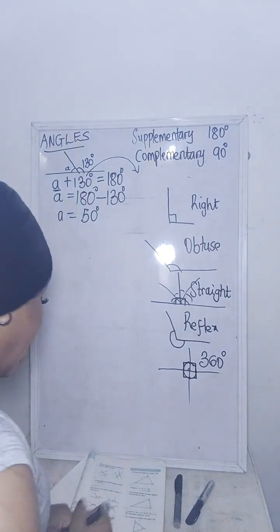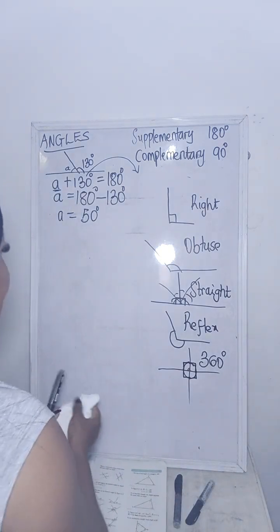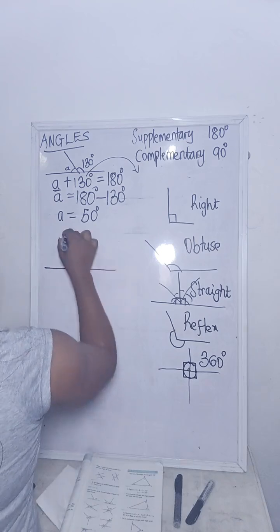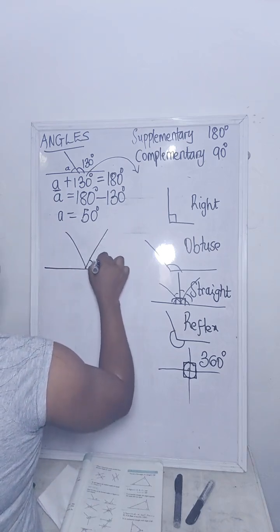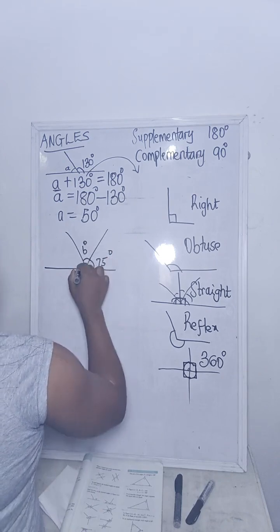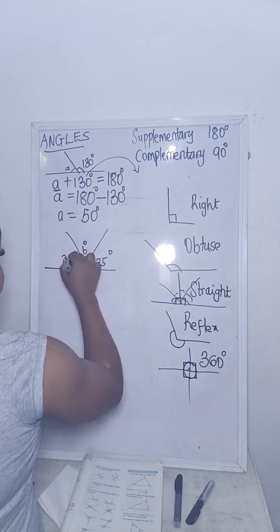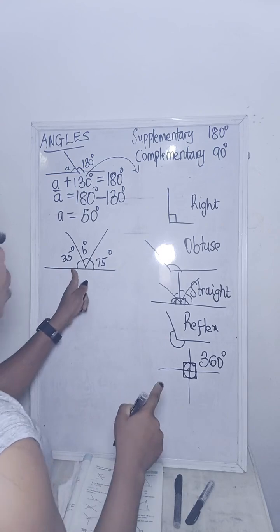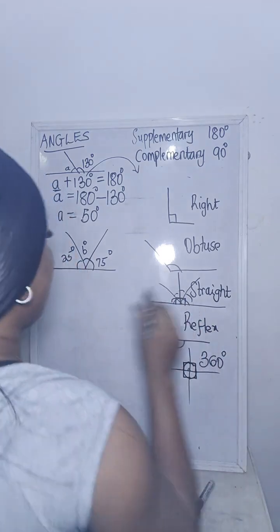Okay? So let's take another interesting question. We have this is 75 degrees, this is B degrees, and then we have 25 degrees. Now these are on a straight line, so that means they would all sum up to 180.